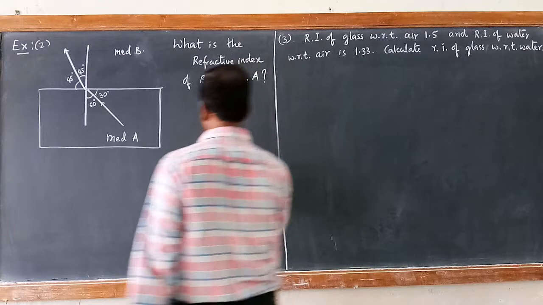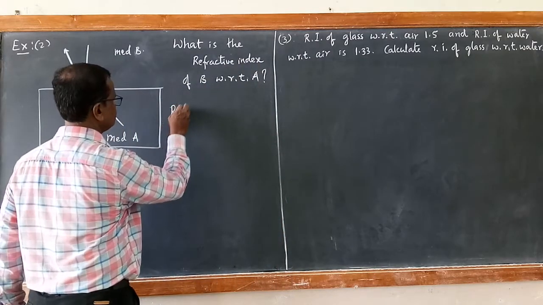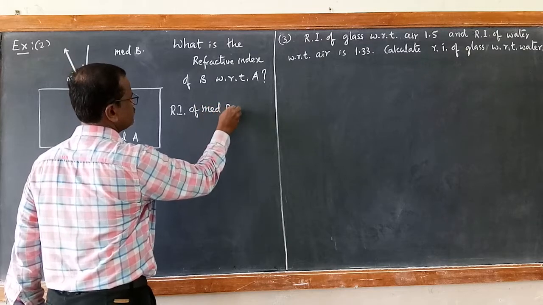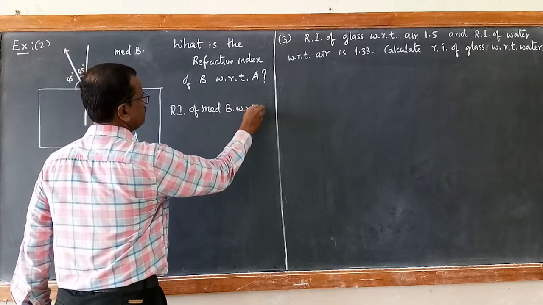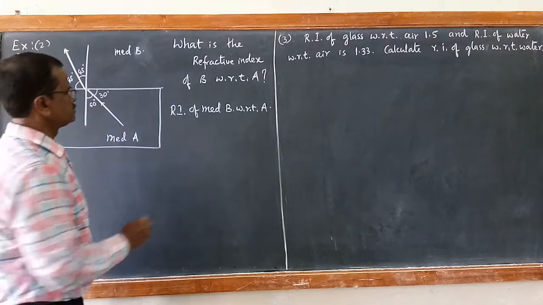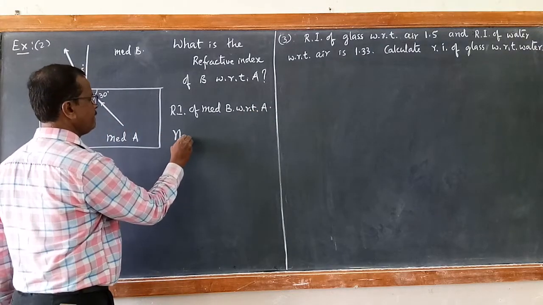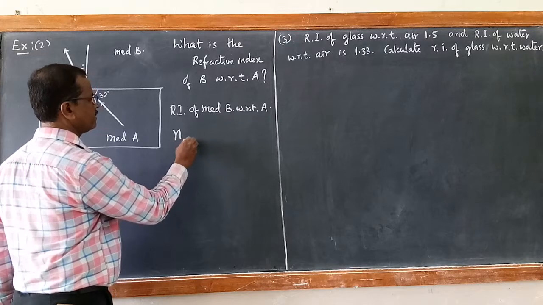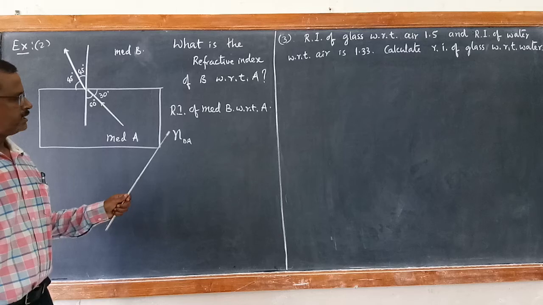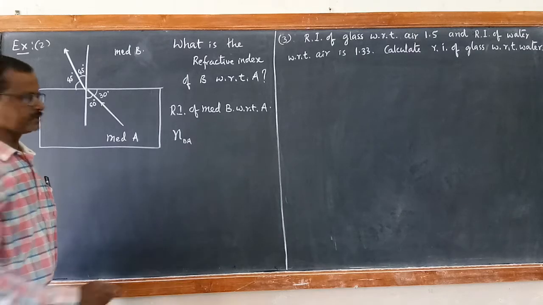So I will write refractive index of medium B with respect to medium A. So this can be written as NBA, refractive index of medium B with respect to medium A. That's it.